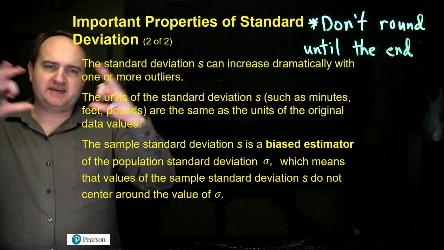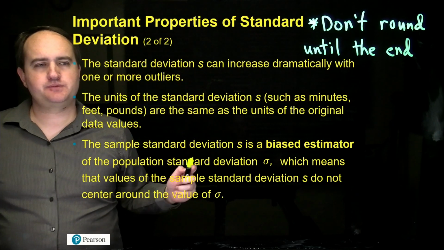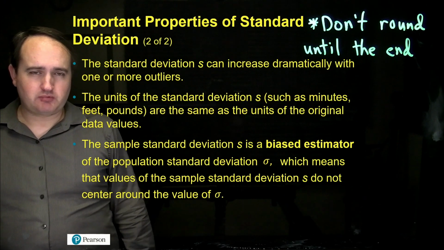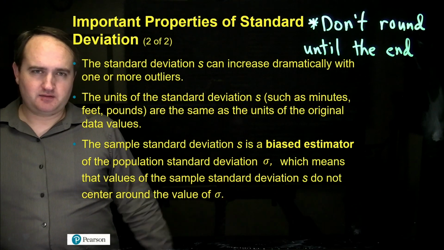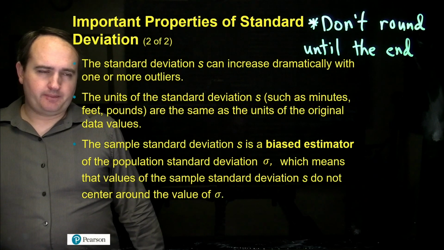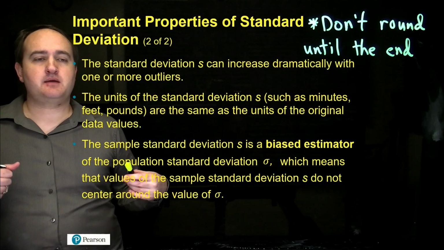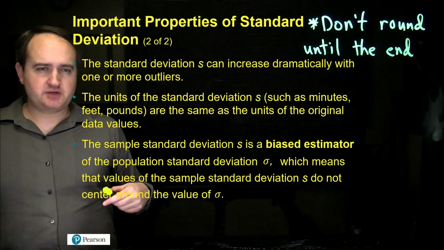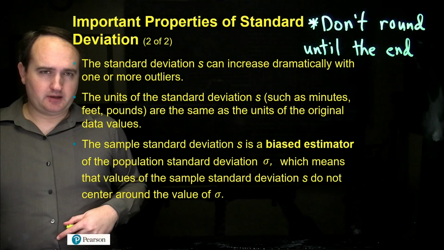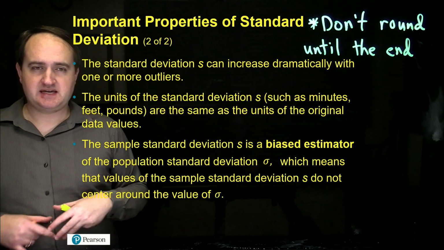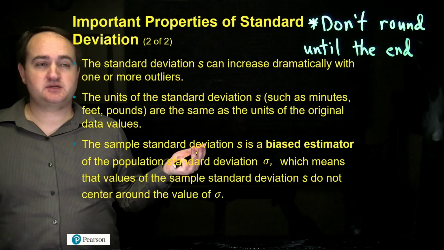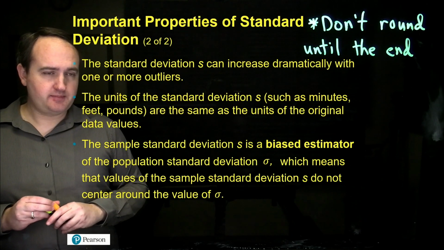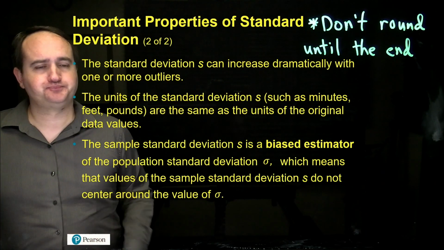Estimating means sort of guessing about the whole population, and bias is not good. So, roughly speaking, this is not a good thing. It does help you estimate the population standard deviation sigma, but we would actually prefer to use the sample variance to estimate the population variance because that's actually an unbiased estimator, which we'll talk about more later.